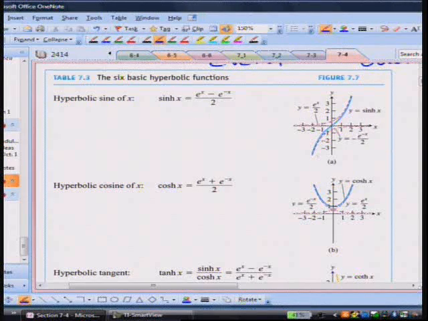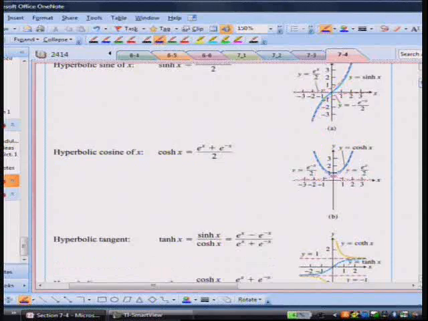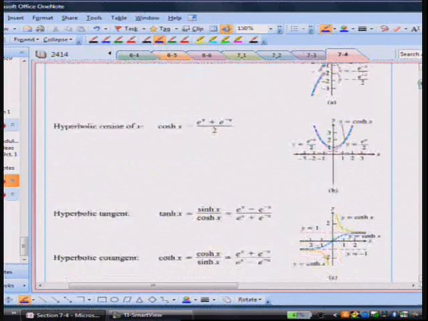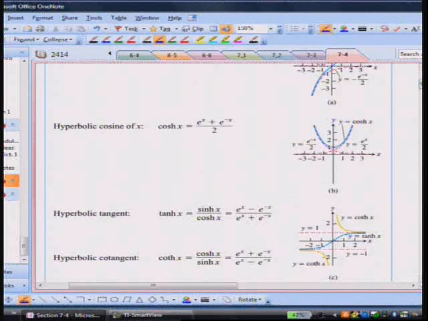And they just go ahead and give you these new functions, the hyperbolic sine, and then they give you what the graph looks like, and then the hyperbolic cosine, and then, of course, the hyperbolic tangent is just as you think it's going to be, the hyperbolic sine divided by the hyperbolic cosine. So it looks like this. And then the hyperbolic cotangent is just the reciprocal of the hyperbolic tangent.